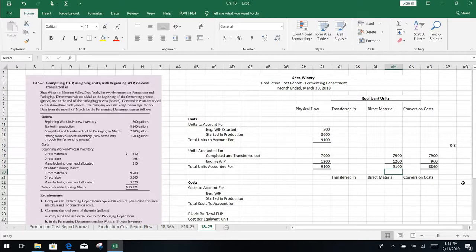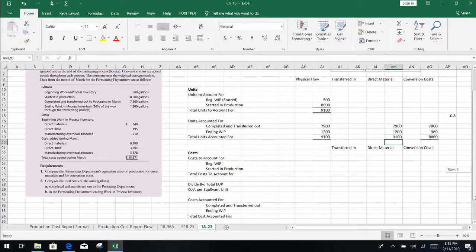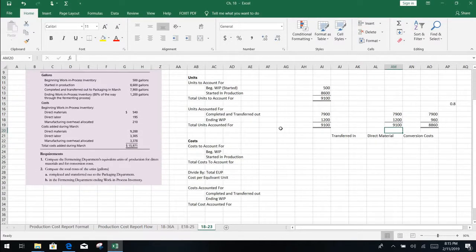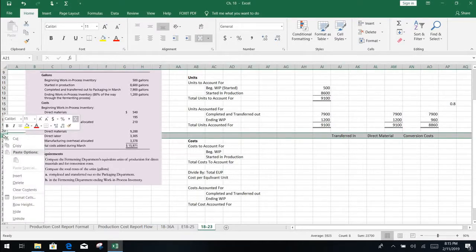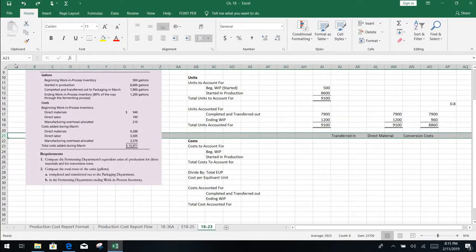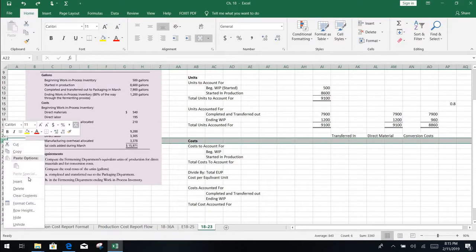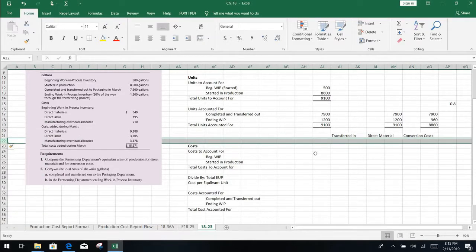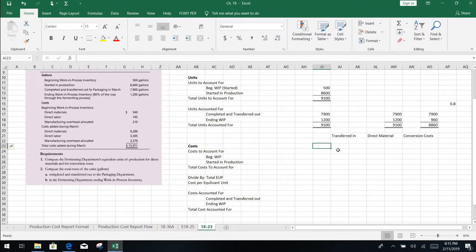So let's move down the sheet. We finished that part. Let's insert a line here. Nope. Let's go back. Insert a line here. Okay. Now, these are our units.